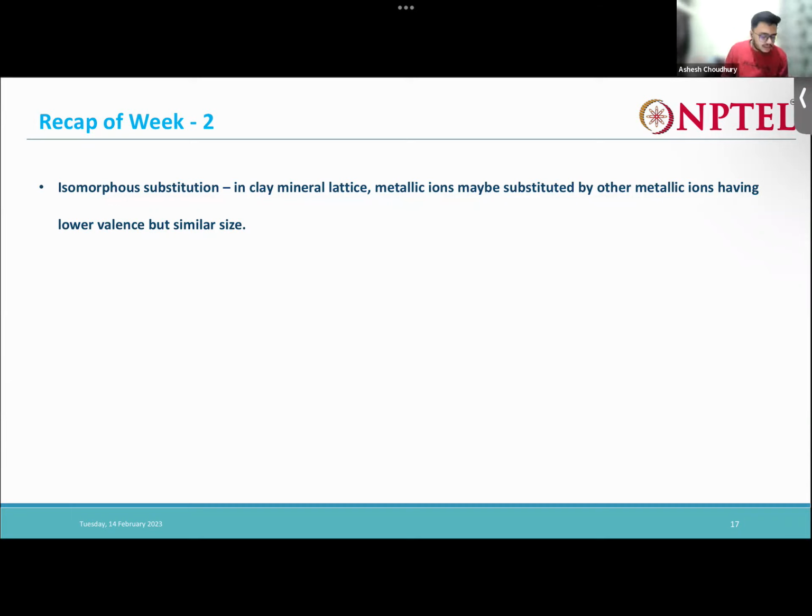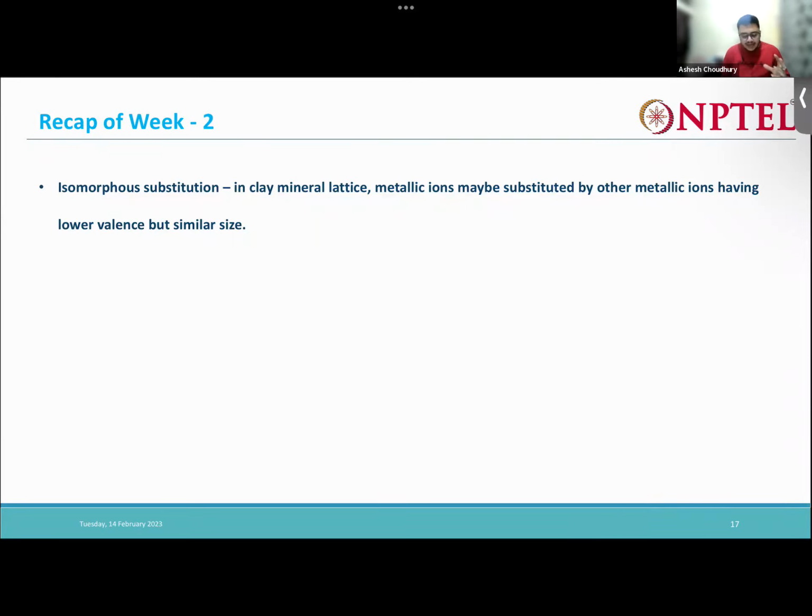Next, we learn a term which is isomorphous substitution. So what is isomorphous substitution? A clay mineral is formed by stacking and arrangement of those sheets which you just studied.